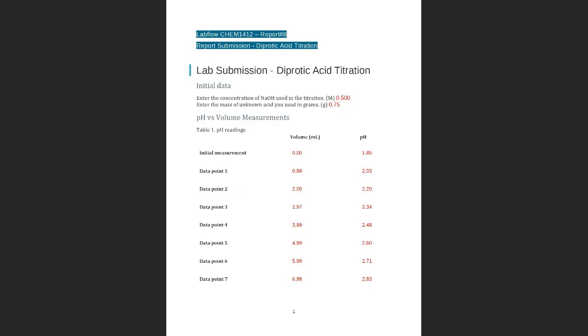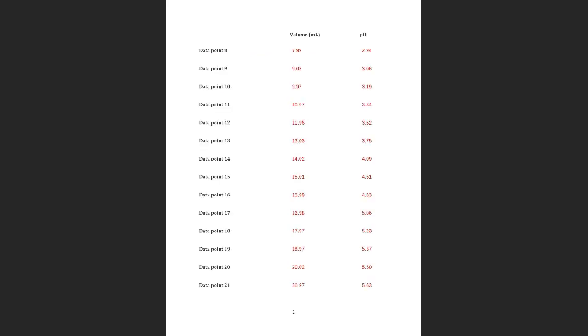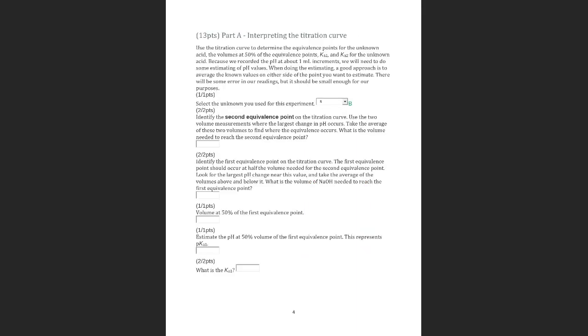So you will be given the data of the pH at each different volume. So actually the calculations are really simple in this, that's what I think. So you are given all the data in red. The first thing they say, you're going to have a titration curve.